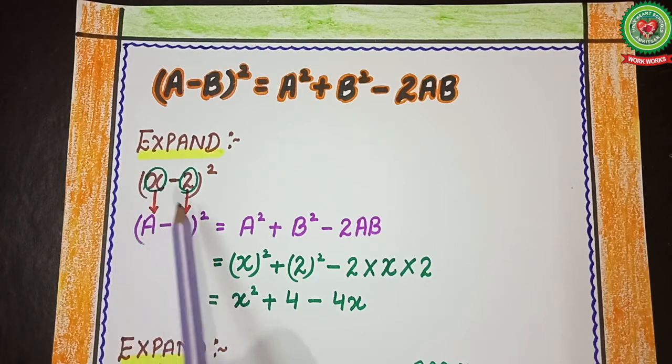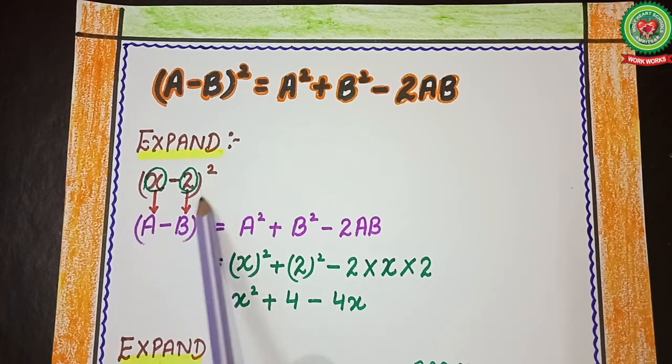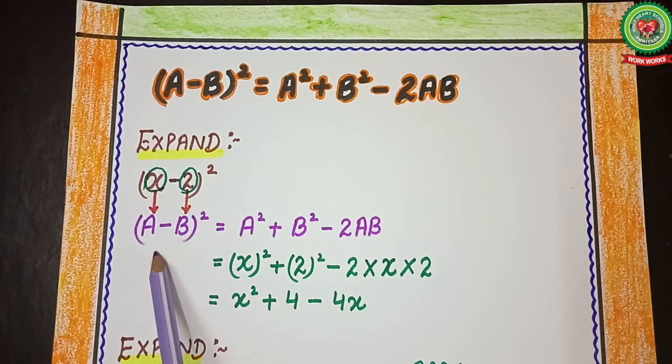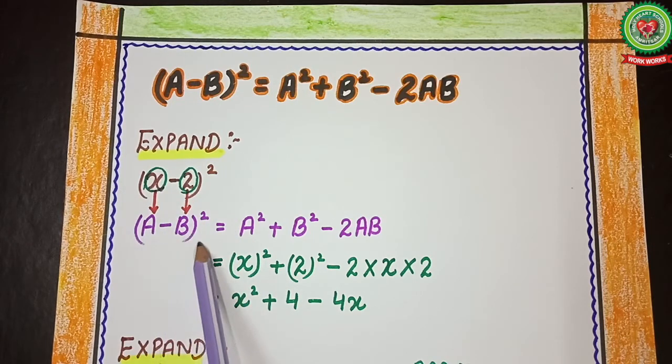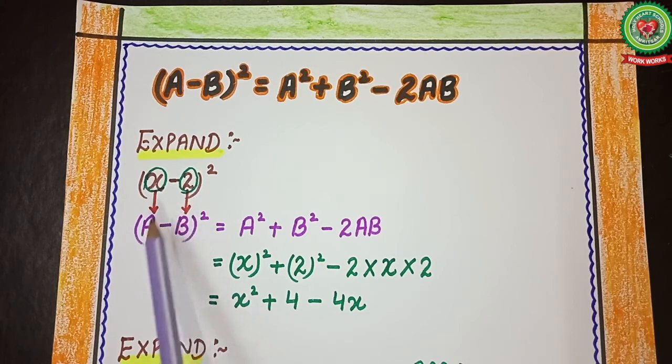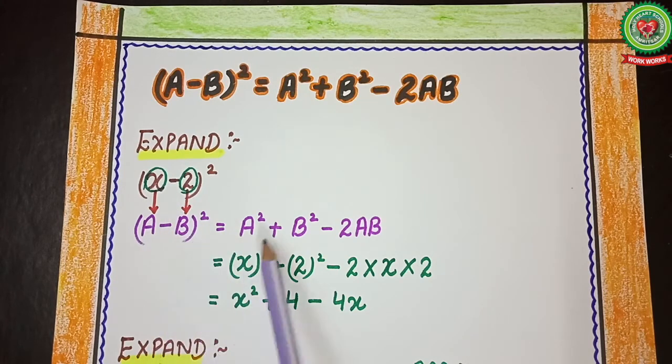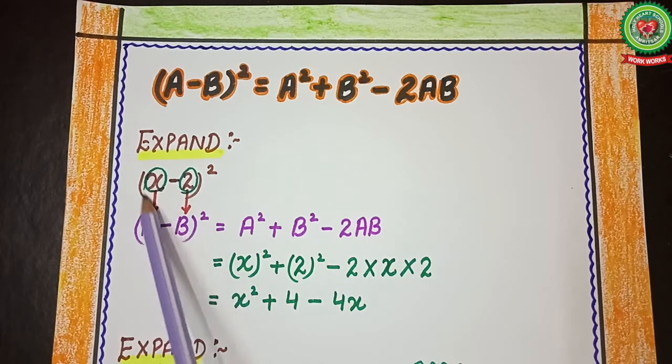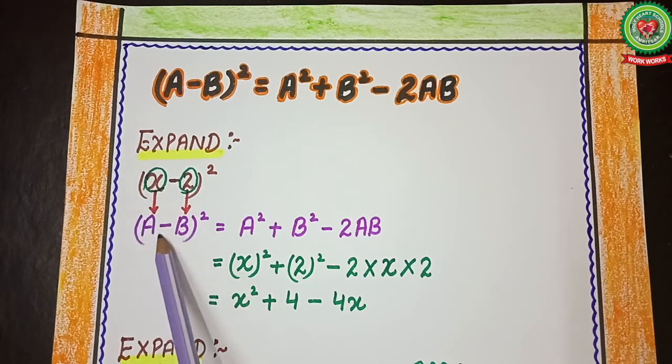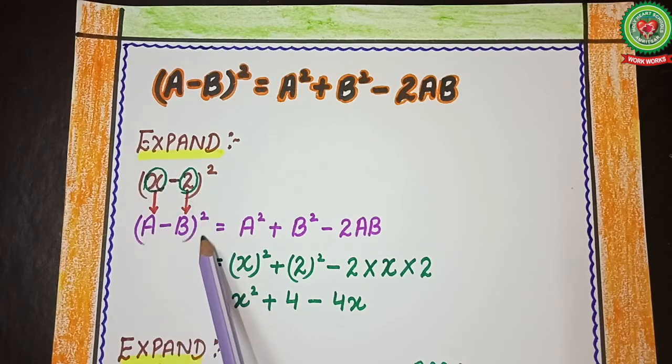So look at it. Here's the statement (x - 2)². You can correlate this statement with the identity (a - b)². So this statement is in the form of (a - b)² equals a² + b² - 2ab. Now from this statement you can correlate the values of a as well as b.